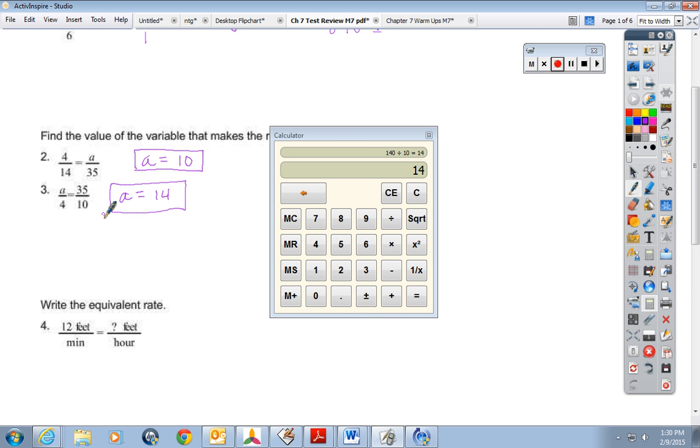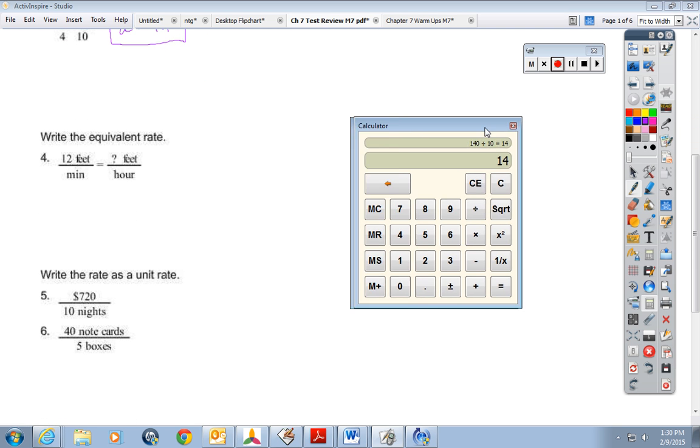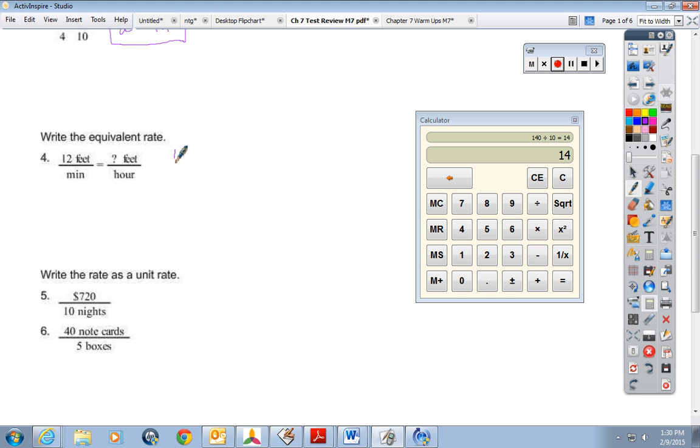On number 4, we have to set this up and use an equivalent rate. So we're going from feet to feet, right? But then we're going from minutes to hours. So we have to multiply by something that has hours on the bottom and minutes on the top.